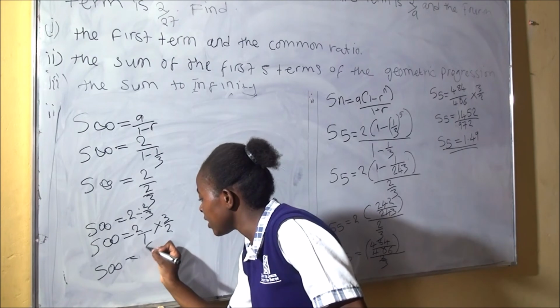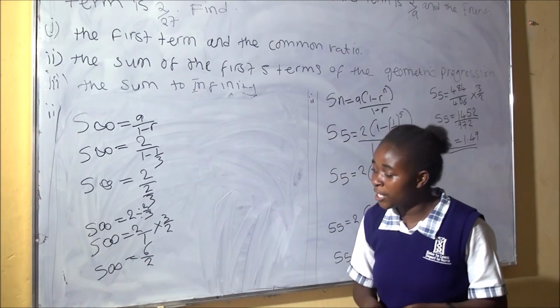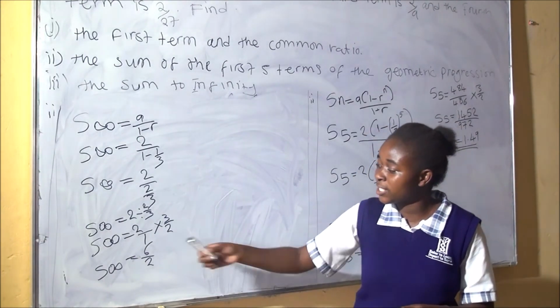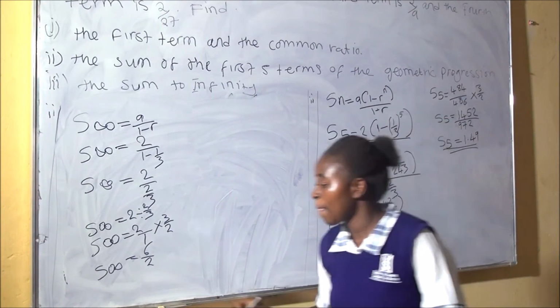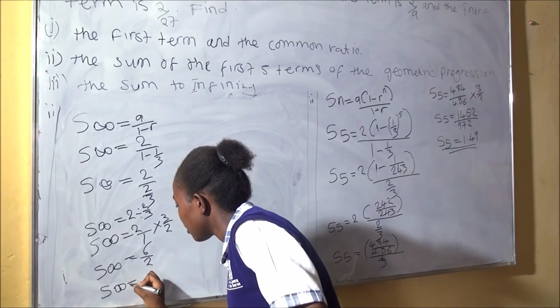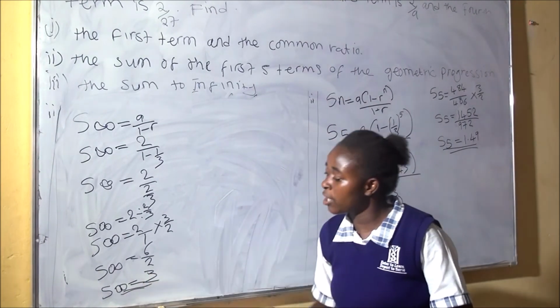So here it will be 6 over 2. Our sum to infinity, we'll find it by dividing this 2 into this 6, so it will be 6 divided by 2. So our sum to infinity will be equal to 3.